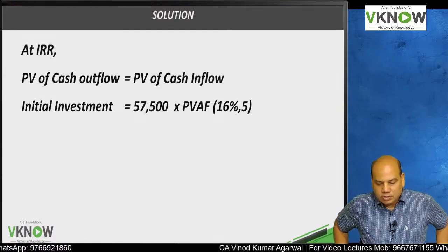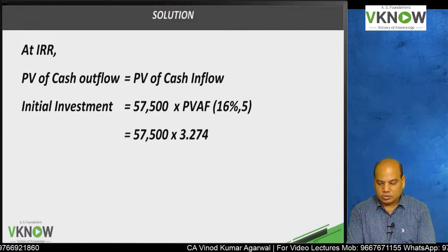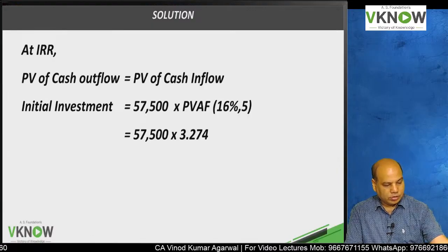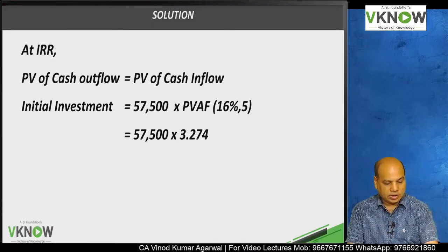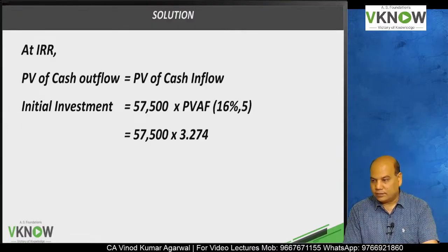Factors are given in the problem. So you can add those factors at 16% if it is given. If not given, then do it yourself.